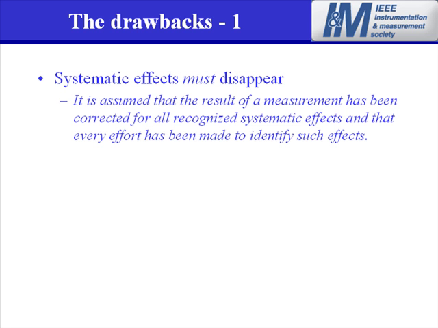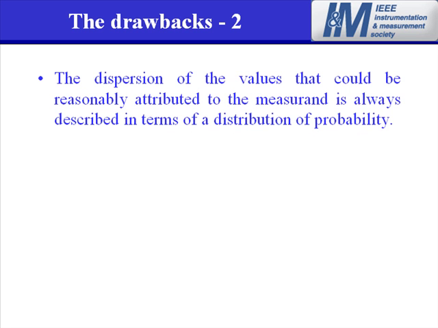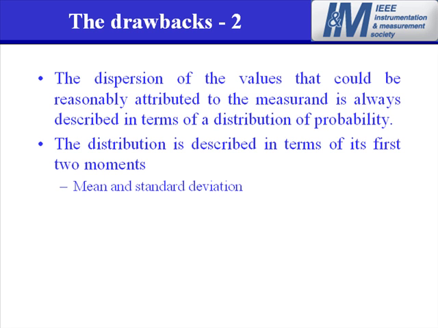Well, this requirement is quite obvious, since probability handles random effects and not the systematic ones. The second attribute is related to the fact that, as we have already discussed, the dispersion of values that could be reasonably attributed to the measurand is always described in terms of a distribution of probability.